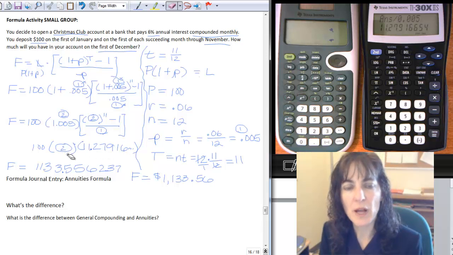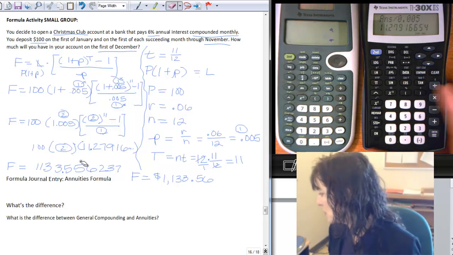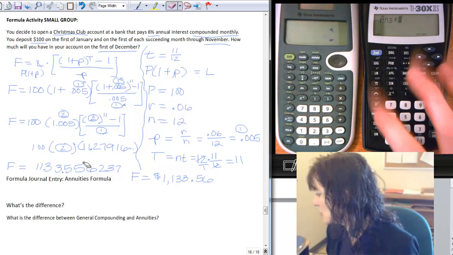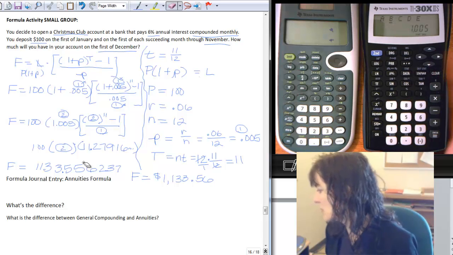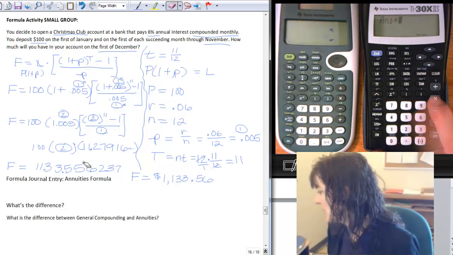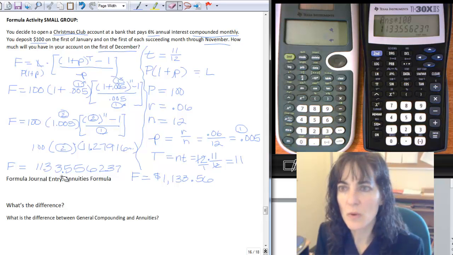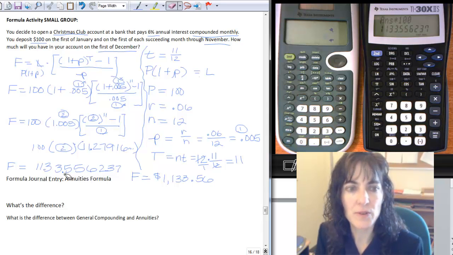I need to multiply by what's in the second bin. In this case, it's the B bin. So times, and I'll have to do recall and slide over to B, and there's my 1.005. Push enter again, and then it'll calculate, and then times 100 equals, and there's that same value, $1,133.556237. It goes on, but it would round to the same value.